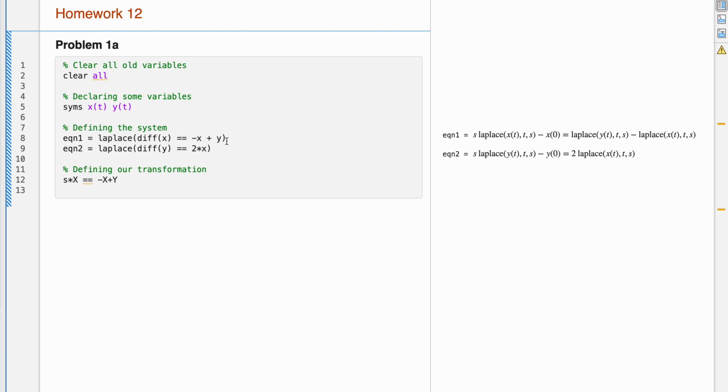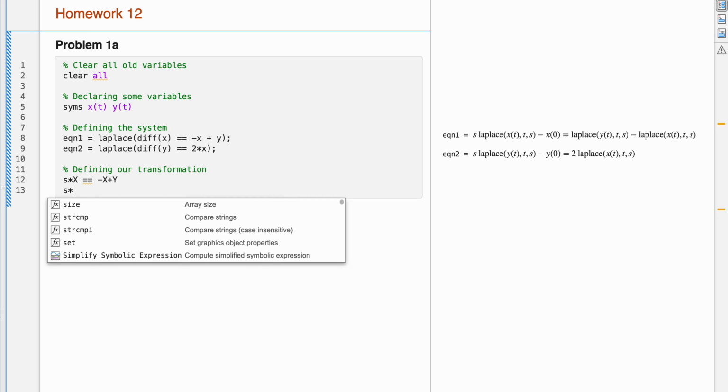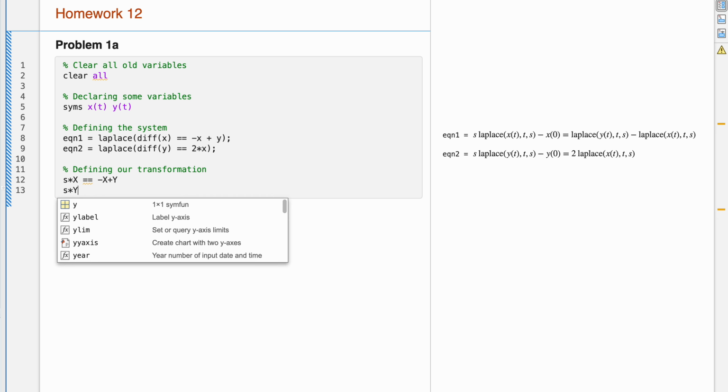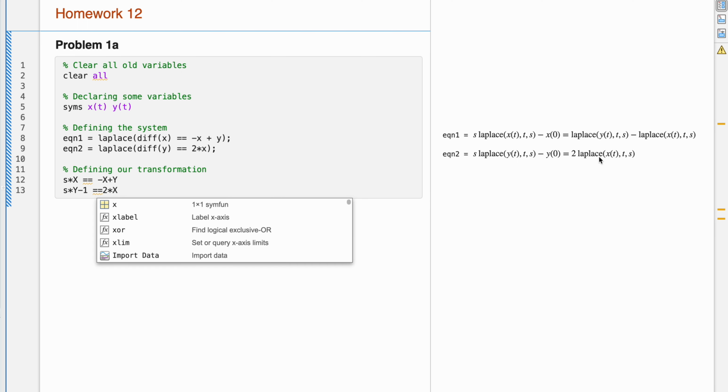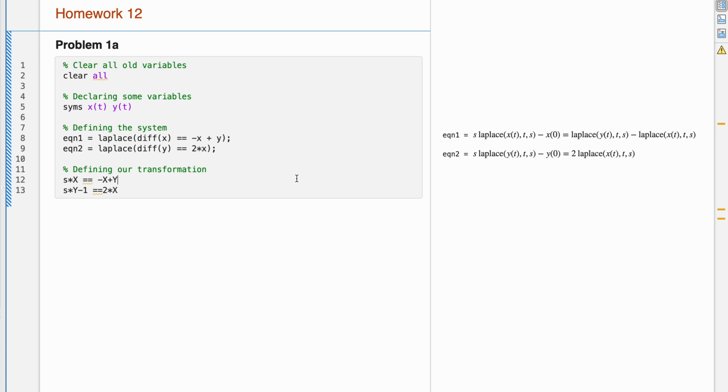Now for our second equation, this we don't want anymore. We just wanted to check if it was right. For our second equation, we're going to write s times the big Y minus 1, that was our initial condition for y of 0. And that's going to be equal to 2 times big X of s, which is this one right here, 2 times big X. And now these are our two equations.